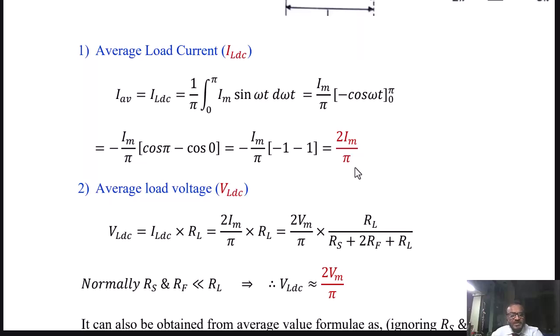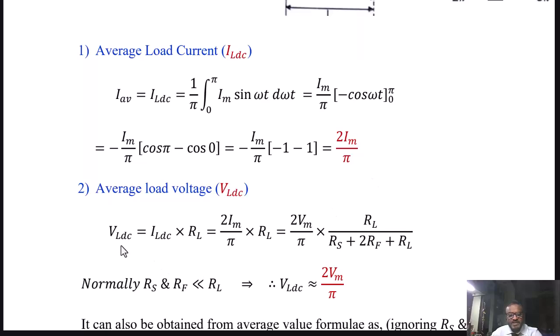The second parameter is average load voltage VLDC. It can be simply obtained by using the Ohm's law. VLDC is equal to ILDC into RL, whereas ILDC is equal to twice Im by pi that we have derived in the first equation.